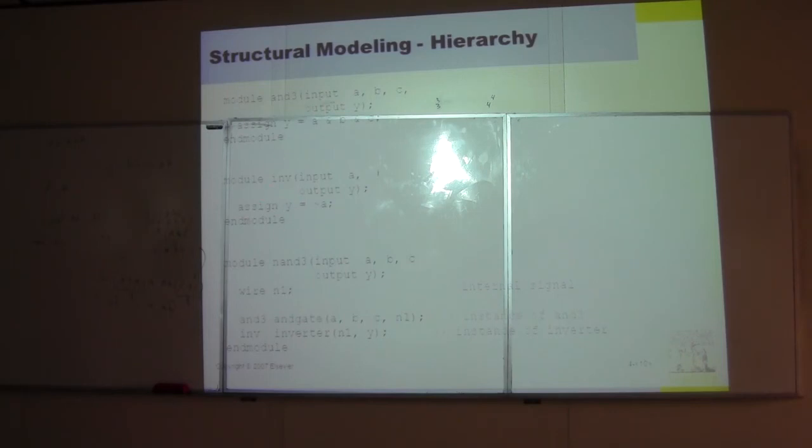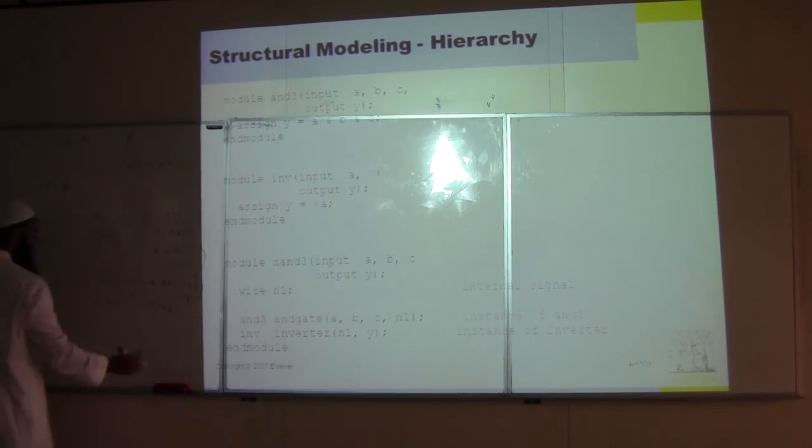What about this one? INV, it's an inverter. This is the NOT gate. Module INV. INV is actually short for inverter. Input A, output Y. One input, one output. Assign Y equals not A. This is a NOT gate.